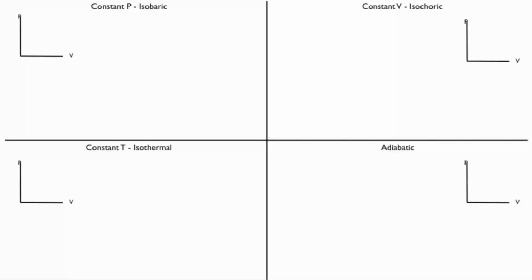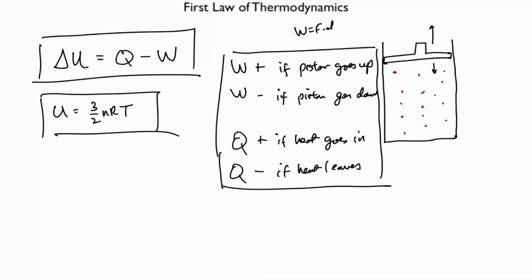Any guesses as to what that might look like? It would just be a horizontal line. Okay? The pressure stays the same, but what changes? Think of the ideal gas law. I should probably have put that over here too. Because the thing that's inside of the system is an ideal gas, right?